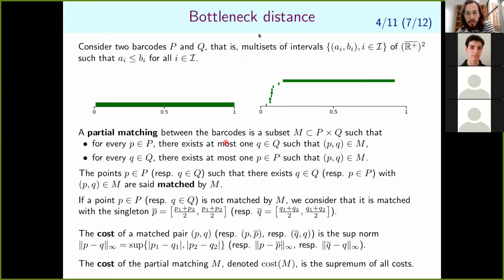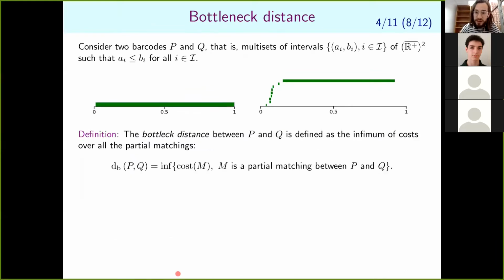And if my bar is matched to itself, to its midpoint, then the distance is simply the half length of the bar. I take the supremum of all the costs of the pairs, and I obtain the cost of a partial matching. Okay, this is the cost of one matching.